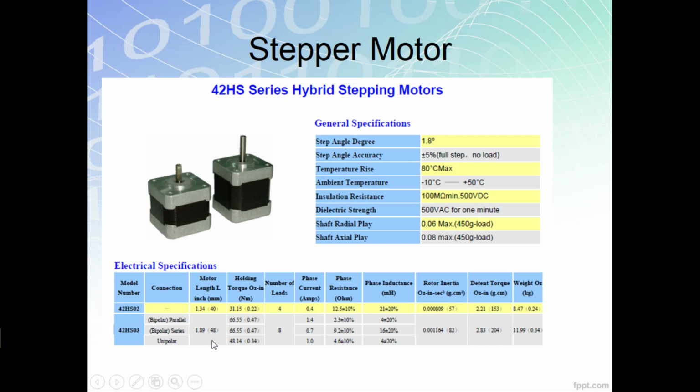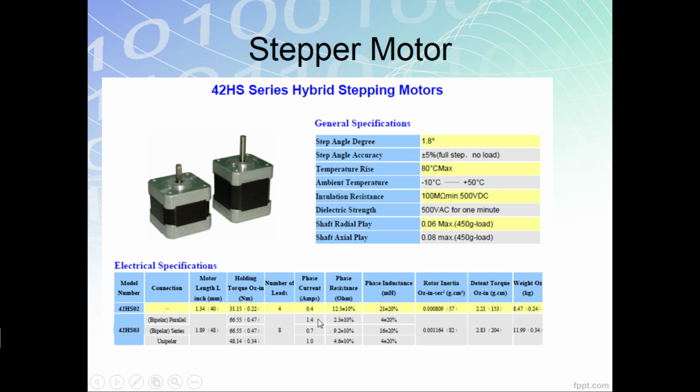The motor length is a physical characteristic. This is the same for everyone, but you can see the holding torque. If it is unipolar, it is lower than the bipolar. And it never depends on whether it is series or parallel. It has the same holding torque. It has 8 leads.